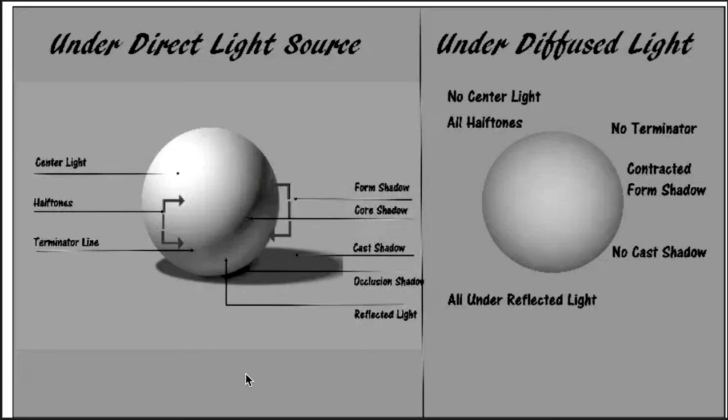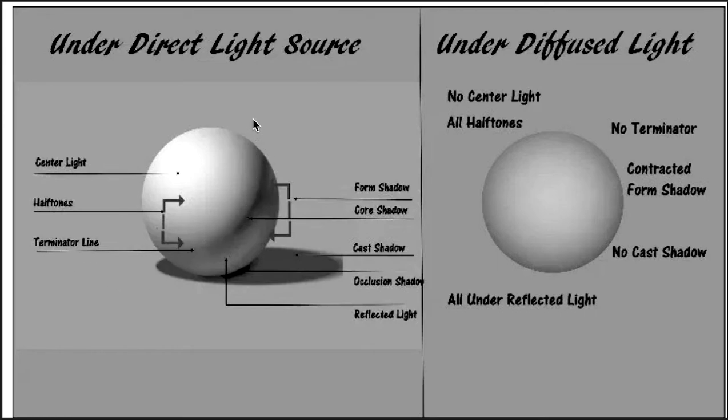So this screen, you should maybe even take a screenshot of this screen, because all this stuff I'm going to be talking about from this point on, and I kind of expect you to know this basic vocabulary. Let me go over it real quick here. I'll always talk about the core shadow, and some people also call it the terminator.